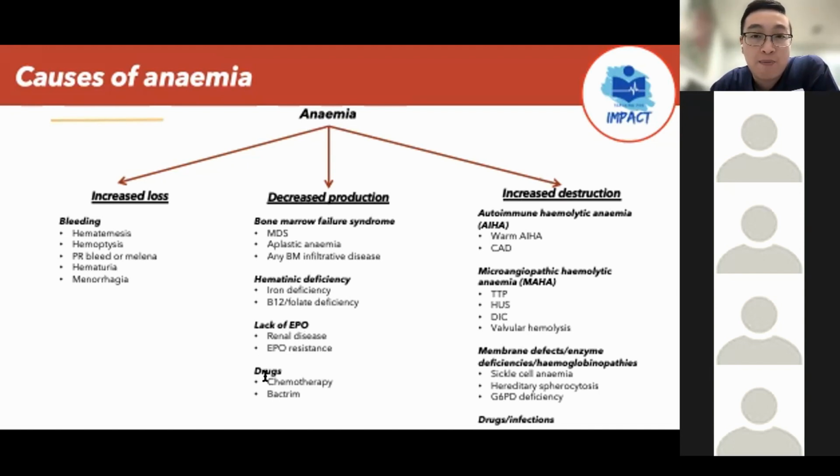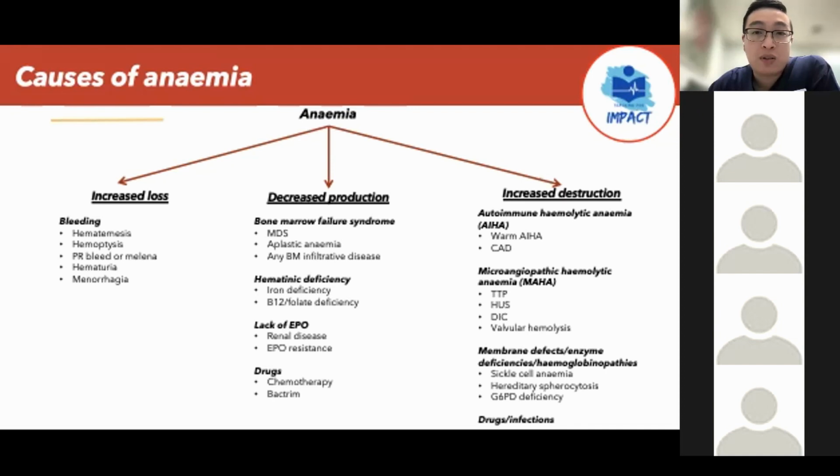And some drugs can cause bone marrow suppression. Bactrim can cause bone marrow suppression, and various chemotherapeutic agents can cause bone marrow suppression as well. So that's decreased production. The third mechanism is increased destruction. What we're referring to there is red blood cells lysing.